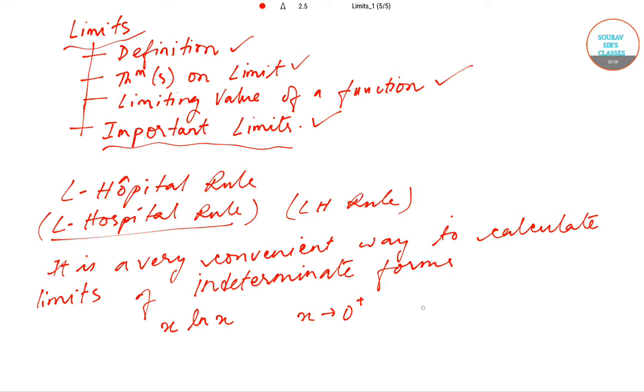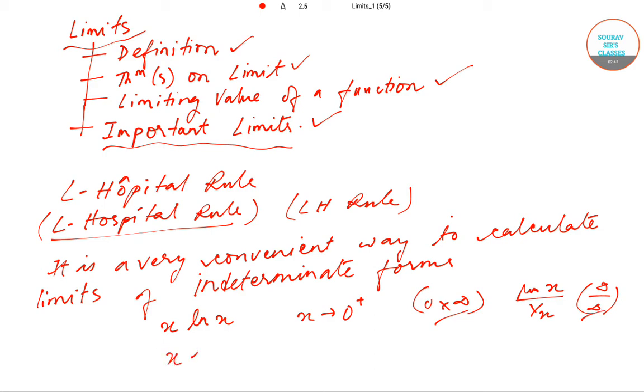So this is of the 0 into infinity format. Or if we take x downwards, writing it as ln x by 1 by x, then it becomes the infinity by infinity format. So this is an indeterminate form.